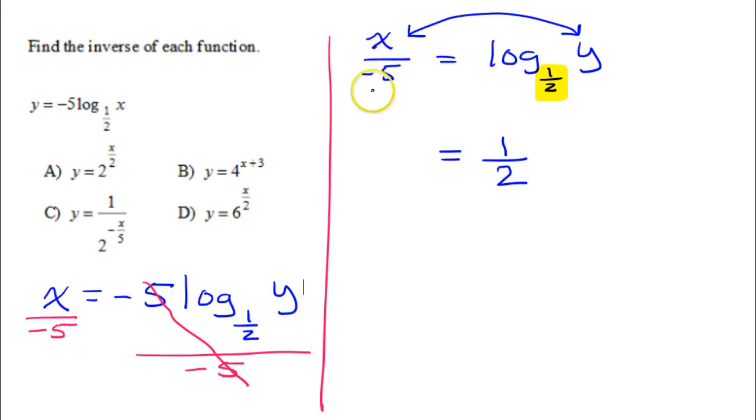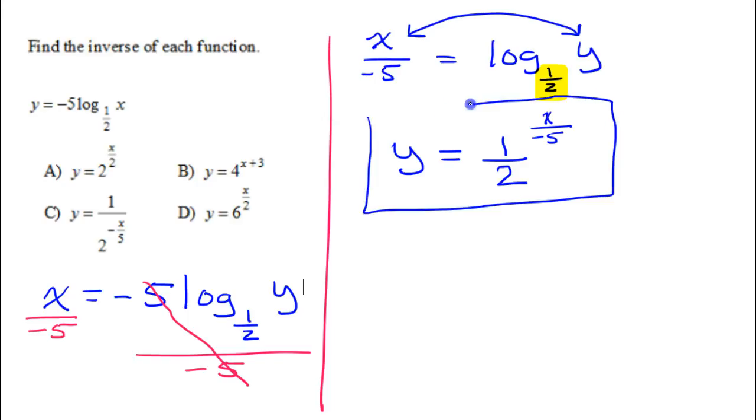So the y and the x over -5 are going to trade places. The y is going to be over here on the left side, and the x over -5 is going to come over here, but it's going to be the exponent. So I'm going to have x over -5 as the power here. So this is one form of the answer.